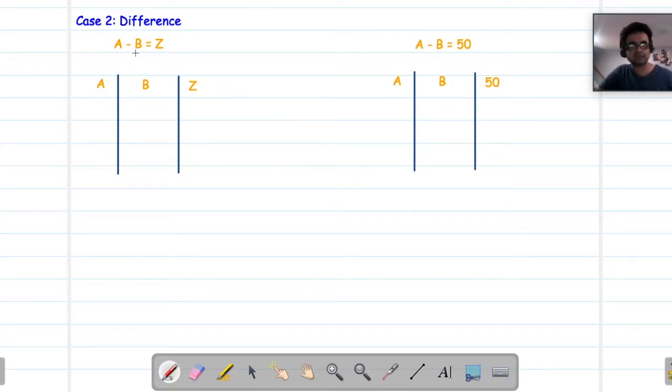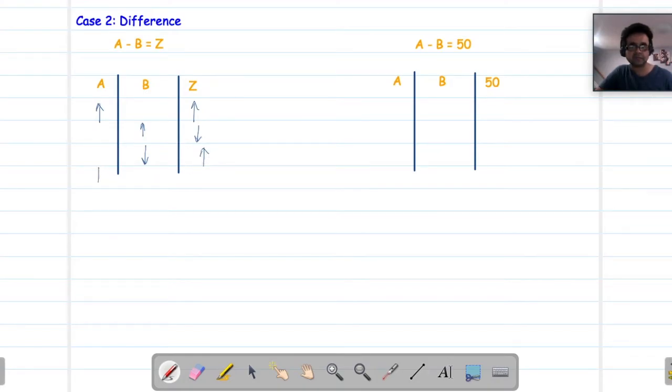So here we have a minus b equals z. As is very clear, if I increase a, my z will increase, right? If I increase b, my z will decrease because b is a negative. If I decrease b, my z will increase.